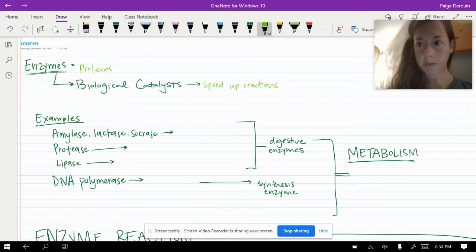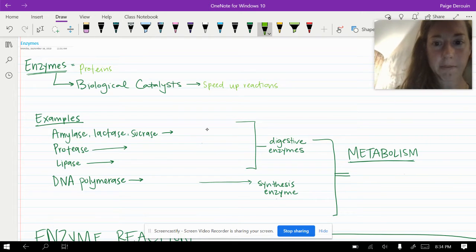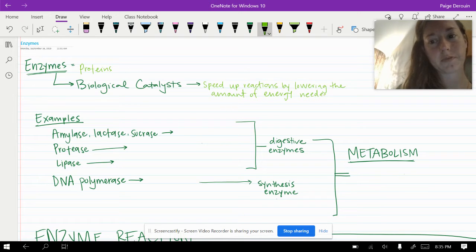And the way that they speed up reactions is by lowering the amount of energy needed to start the reaction. And that's called the activation energy.